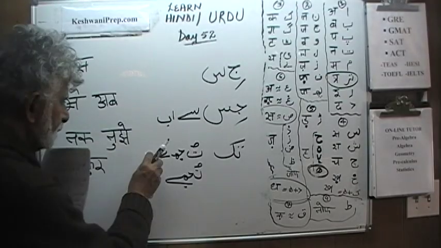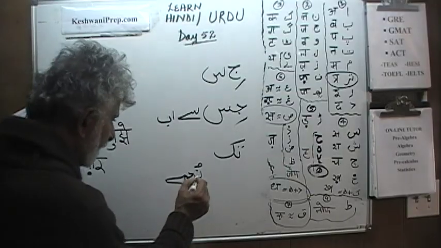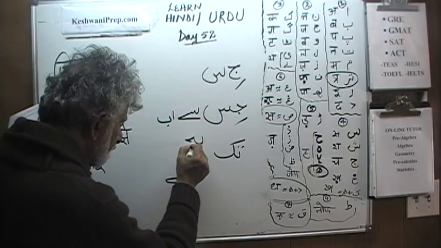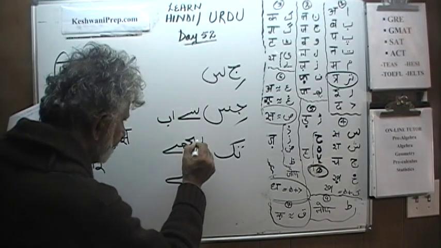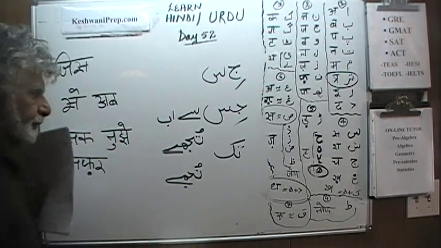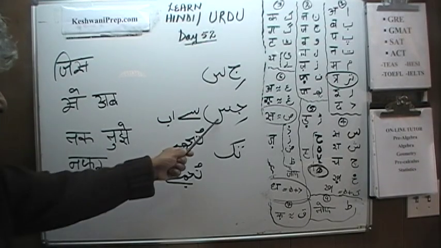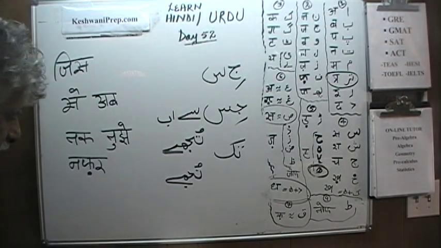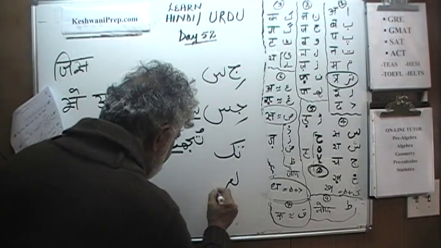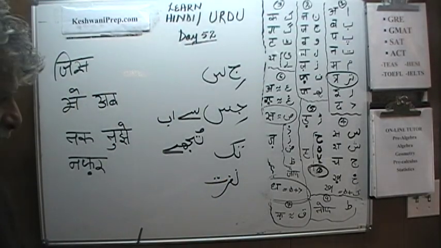Let's put them one more time, but this time like a grown-up person, without lifting our hand. We're not going to write ta first and then lift our hand. We're going to put them together. Ta, u ki matra, j, and a ki matra. तुझे, जिससे अब तक तुझे नफरत, you can see that's nafrat, that's the same word as before.